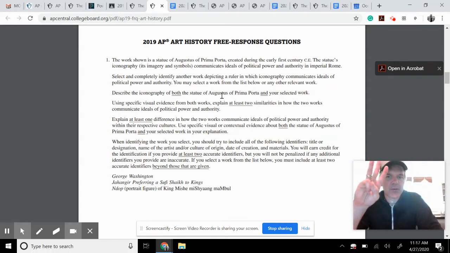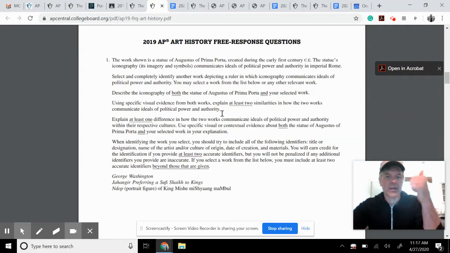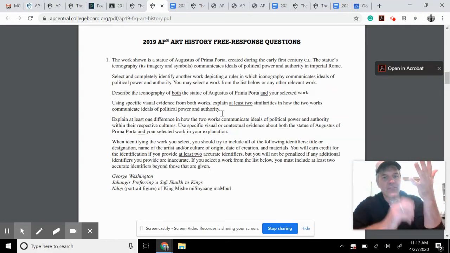Correct. So that's 3 points so far. Then, using specific visual evidence from both works, explain at least 2 similarities in how the 2 works communicate ideals of political power and authority. That's 2 more task points. So we've got task point 1, then task points 2 and 3, then task points 4 and 5.